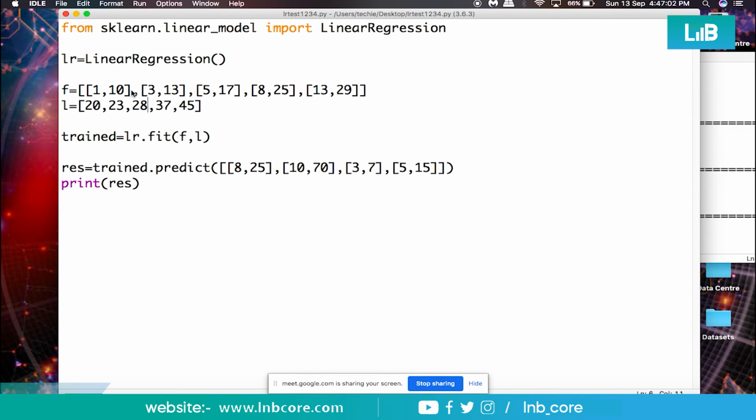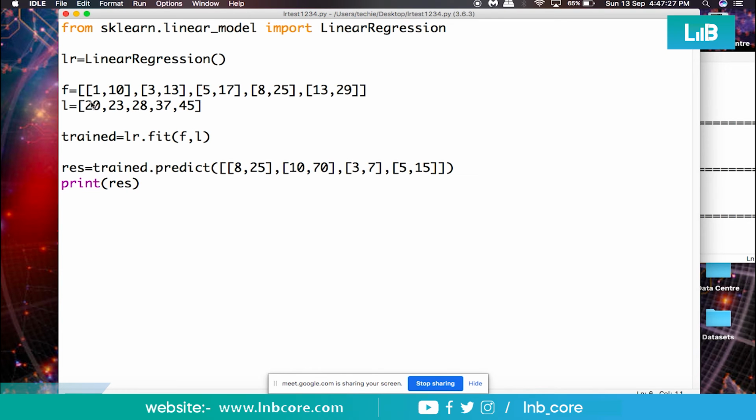Custom means you are writing those values, you are designing the dataset by yourself based on the number of features and the number of labels. So what should be the assignment today for you? Just try to pick up a couple of similar different examples based on 1, 2, 3, 4 features, and parallelly 1, 2, 3, 4 labels also.